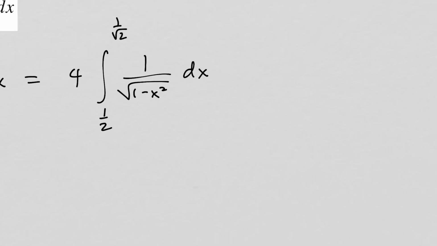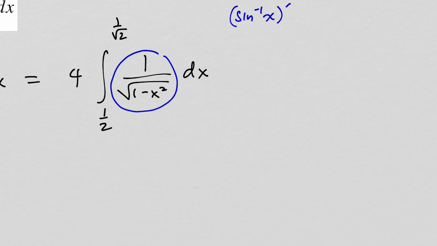So hopefully when you look at this, you understand that that is the derivative of the inverse sine of x. So hopefully you see that just by recognition. And that means that if I'm taking the integral of this, we should just get inverse sine of x, okay?